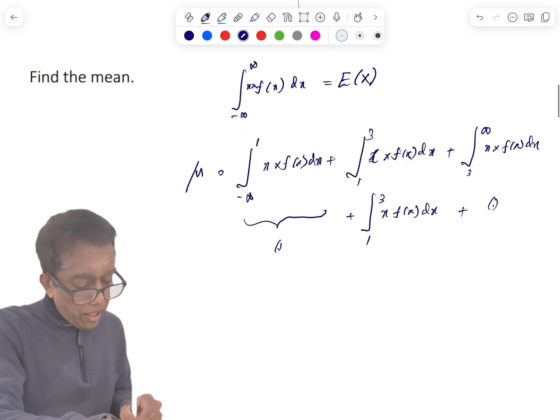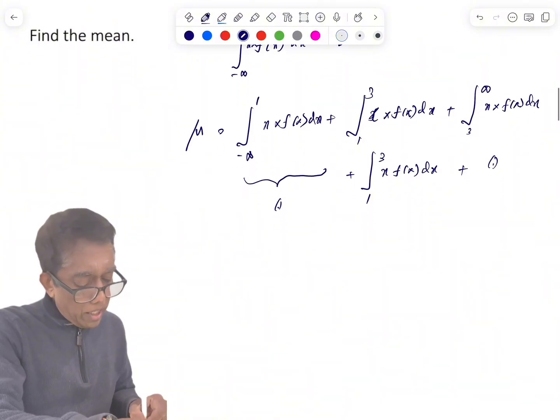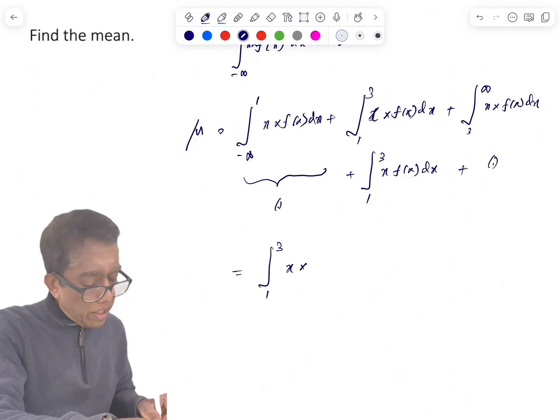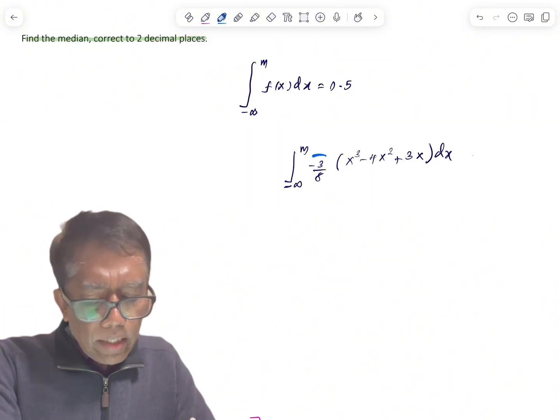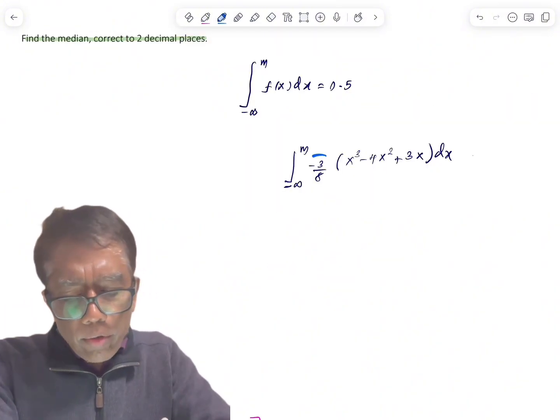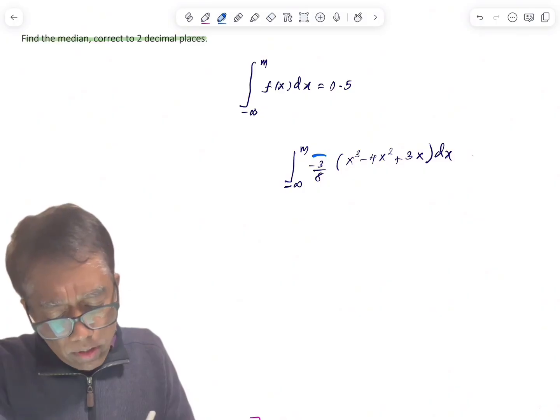Now we have to substitute, from 1 to 3, x times f(x), which is negative 3 over 8 times (x cubed minus 4x squared plus 3x), dx. Since negative 3 over 8 is a constant, we can take it out.